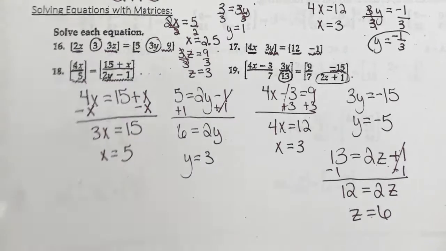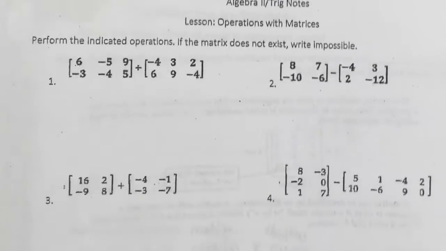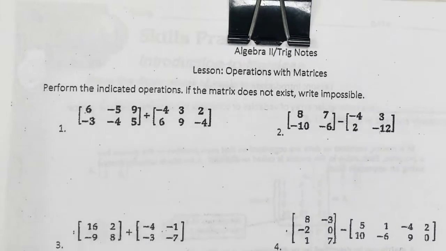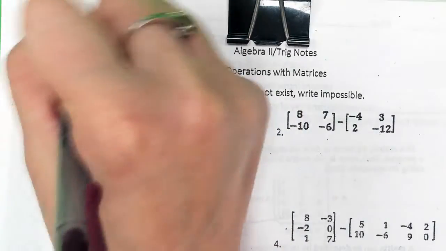All right, so let's flip over real quick and do our next learning target, which is I can add and subtract matrices. Guys, this stuff is just as easy, okay? Here's what you need to write a big note about.